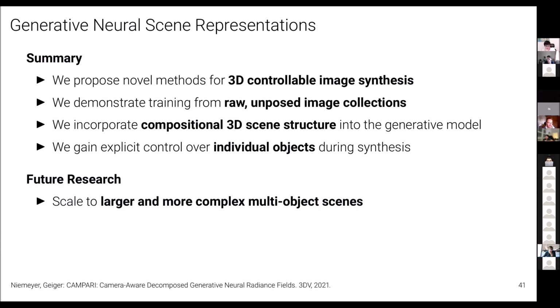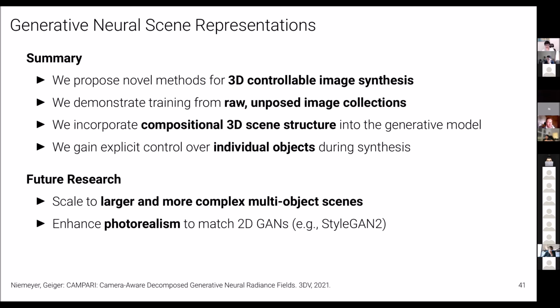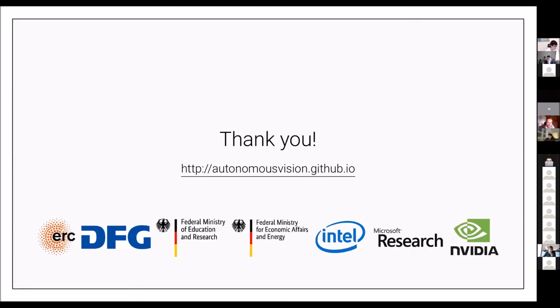In future research, I think we should address scaling to larger and more complex multi-object scenes, and also to enhance photorealism to match 2D GANs like StyleGAN2, for example, which we don't match quite yet. Also, disentangling lighting, materials, etc. is an interesting direction for future research, I believe. With that, I want to close. Thank you very much for your attention, and I'm looking forward to any questions that you might have.